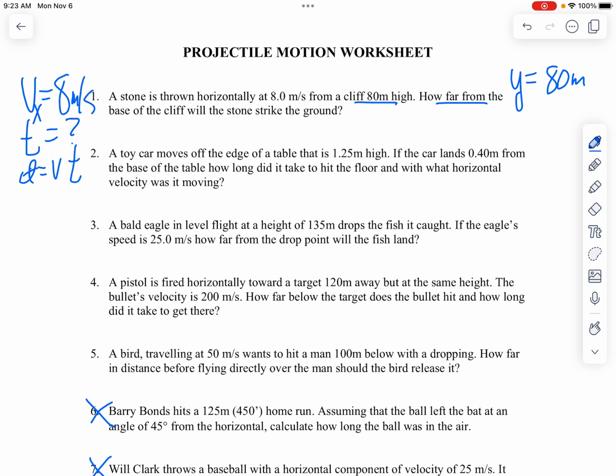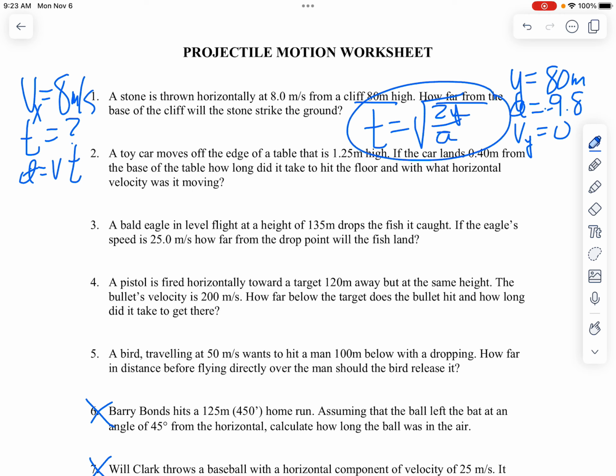And where are we going to get that distance? From over here. Acceleration is negative 9.8. The initial y velocity is 0. And you're going to find time. You're going to use the same thing. Time is equal to the square root of 2 times the y value divided by the acceleration. Find your time, then you take your time and put it in there along with the initial velocity and x component, and find your distance.